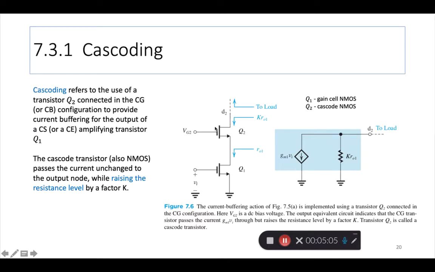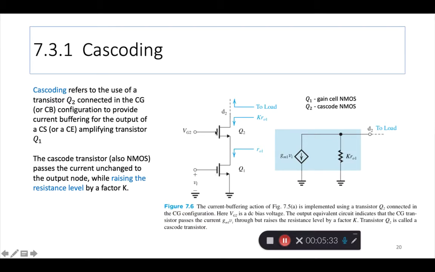This helps to increase the resistance level, thus contributing to increasing the gain, because the gain we know depends on the output resistance. So by increasing the resistance level at the output node, we are able to get higher gain. That's the goal of having a cascode transistor.